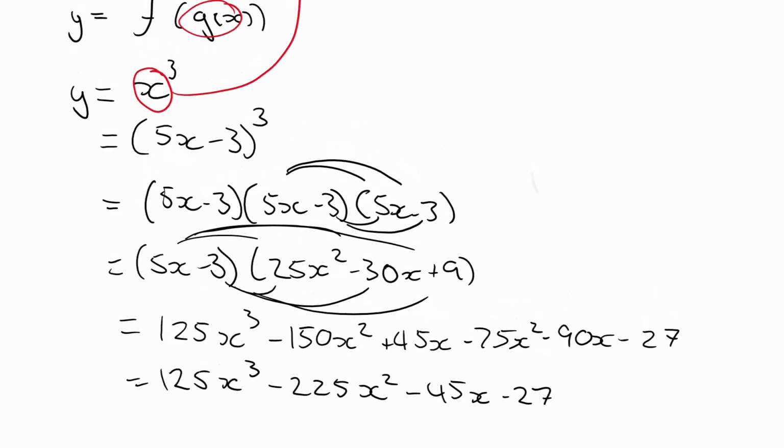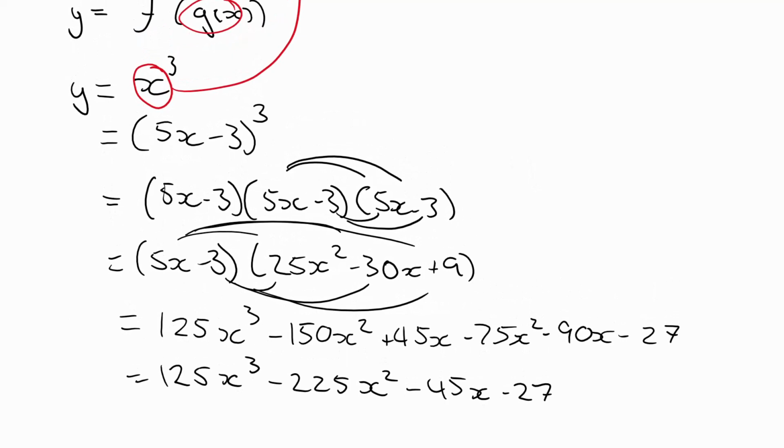So if you were told to expand that, remember when you're cubing or squaring, it's just the number of times you're multiplying the thing by itself. In this case, we had 5x minus 3 here, here, and here, so 1, 2, 3. Expand two of them with just binomial, and then do the larger one towards the end.